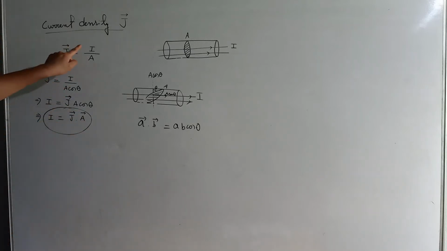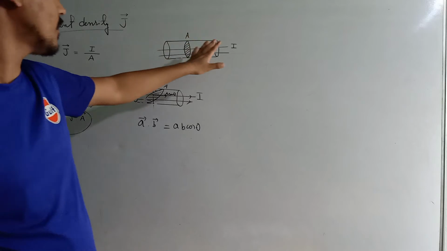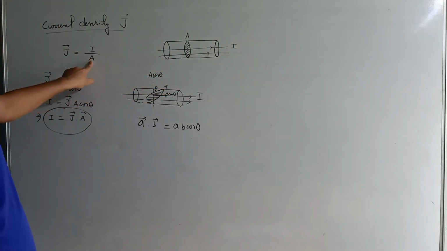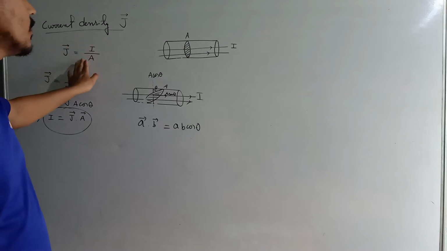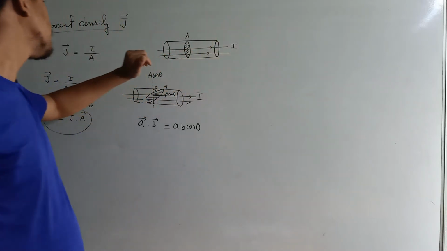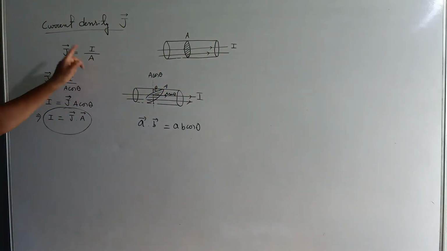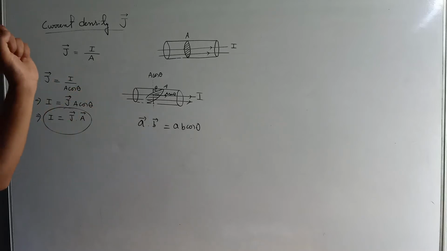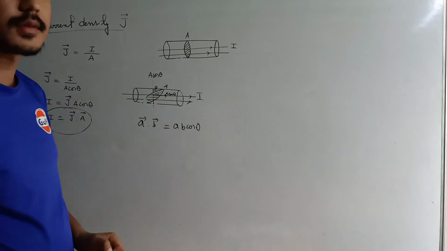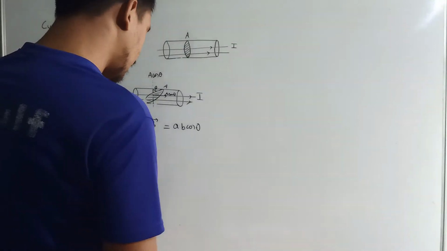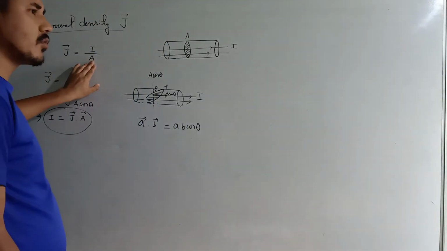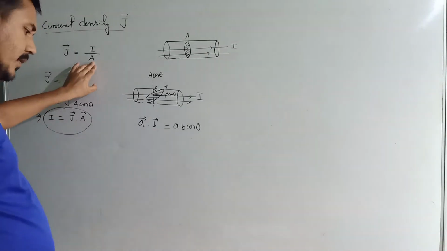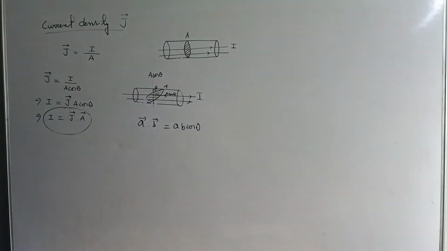Where I is the current, current density is given by I upon A, where I is the current and A is the area perpendicular to the direction of the current. A should always be perpendicular. The area that you have considered should always be perpendicular to the flow of current.